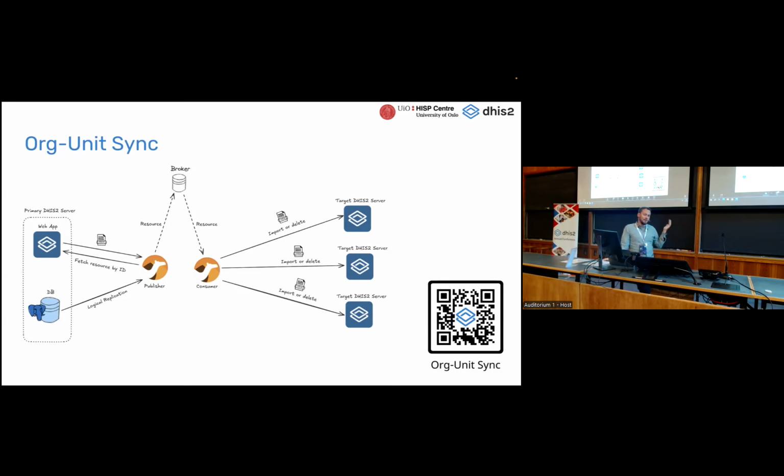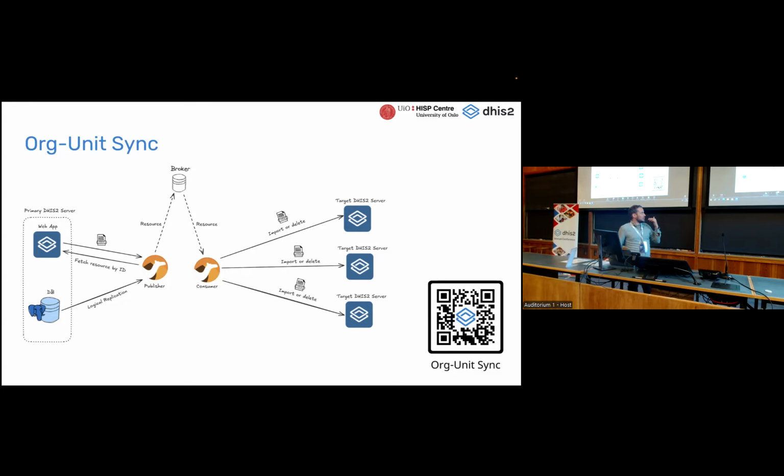You can also take this reference implementation and adapt it to different metadata objects if you want to sync things that are not org units. It then fetches the information from the DHIS2 API to get the full enriched information about that particular org unit, including org unit groups, org unit group sets, all different related resources, and puts that onto a durable queue so that it doesn't get lost.